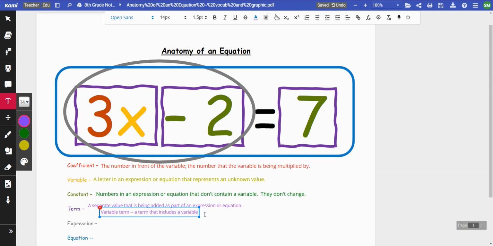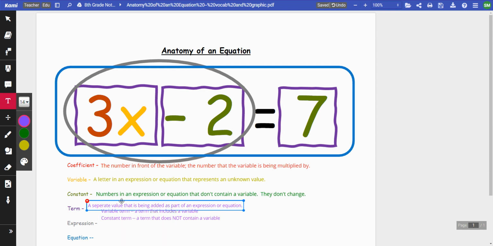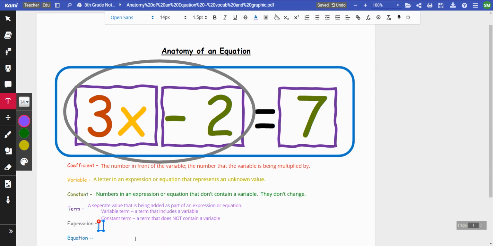Then we also have constant terms, and a constant term is a term that does not contain a variable. So I have two constant terms here in this equation. I have a -2 and I have a 7. So hopefully that makes sense to you, and we'll work with it some more in the next few weeks, and by then I guarantee that it will.